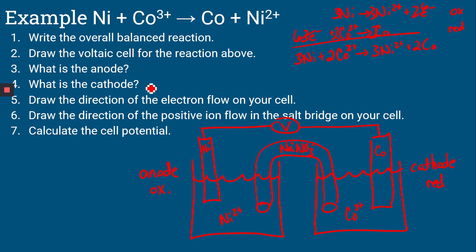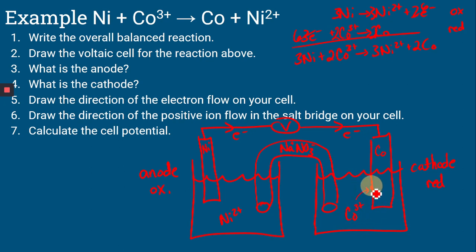We've labeled the anode, we've labeled the cathode, and then draw the direction of the electron flow. So remember, oxidation loses the electron, so the arrow should always be going from the oxidation to reduction, and it should always be on the wire because electrons flow through the wire. Number 6, draw the direction of the positive ion flow. So we're using up the positive ions.